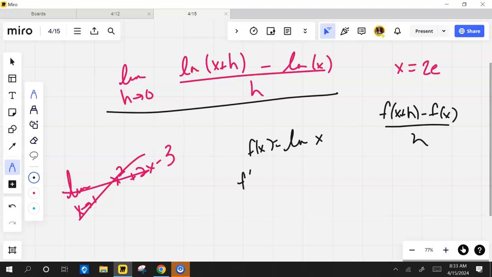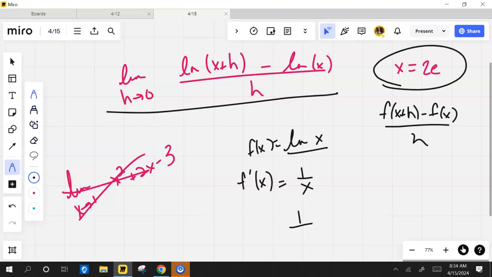So really what I'm looking for is the derivative of this, which is 1 over x. And then they say evaluate it when x is 2e. So I'm doing 1 over 2e, which is A. That's the derivative of log x.